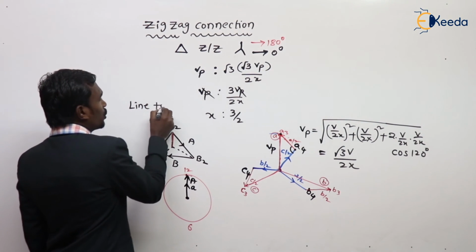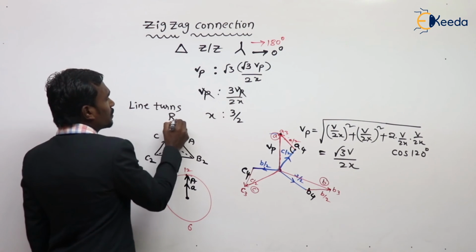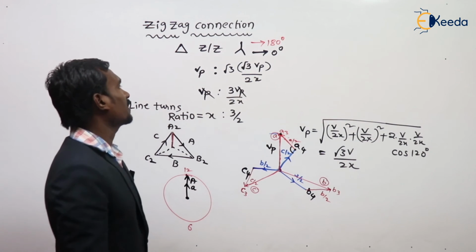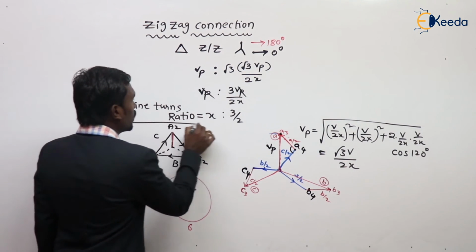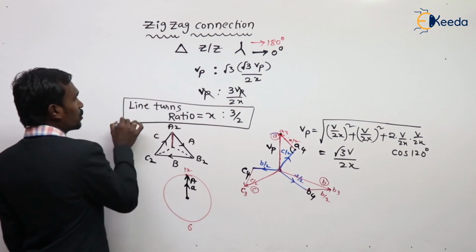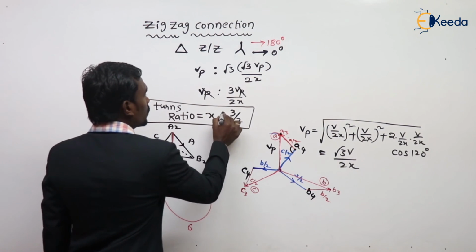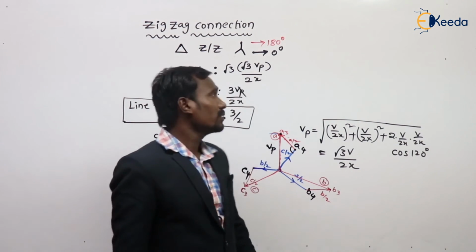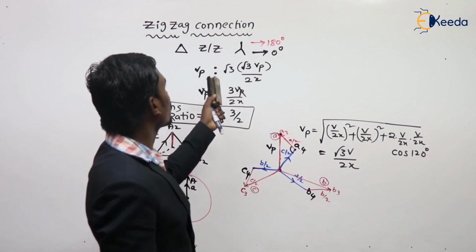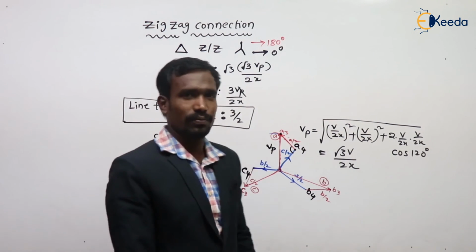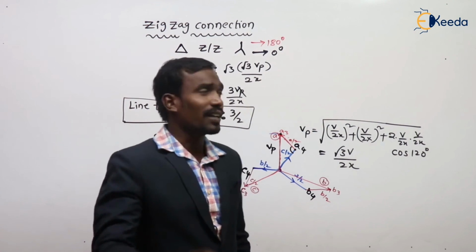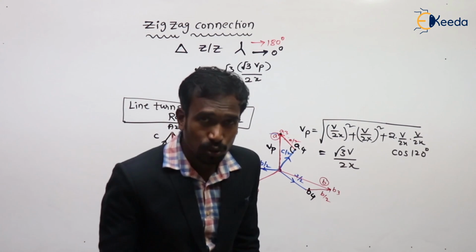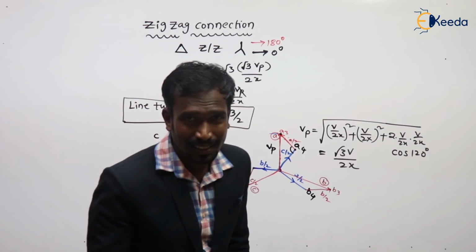Line turns ratio for delta zigzag connection is x is to 3 by 2, that is x is to 1.5. This is the delta zigzag star connection. This is also important. They will ask you a question. Did you understand? Right? Thank you, sir.